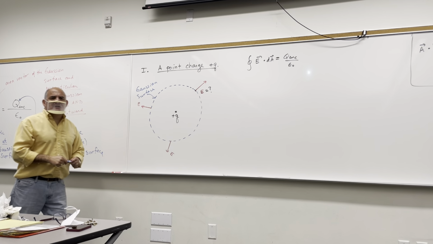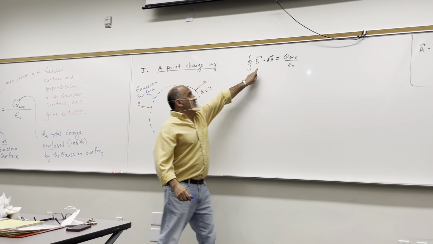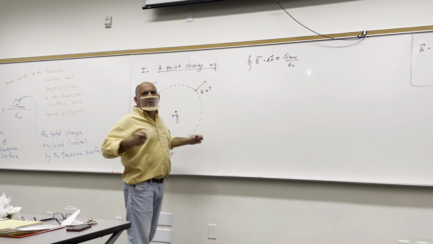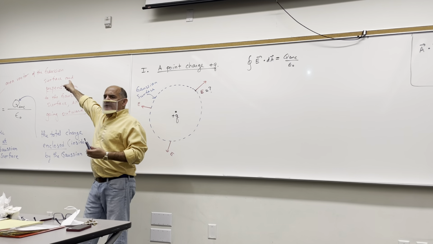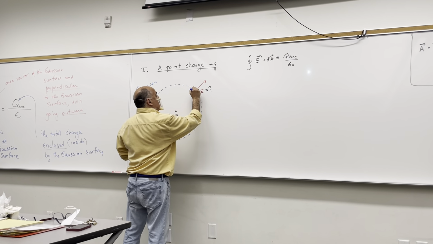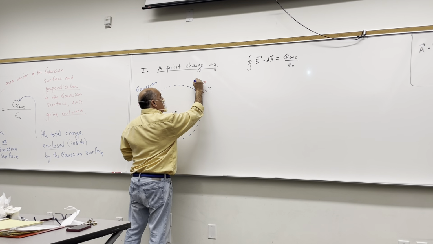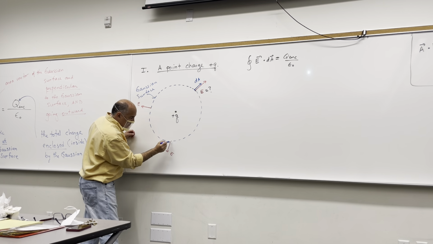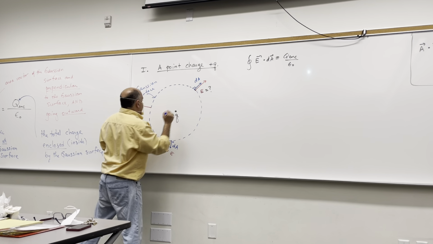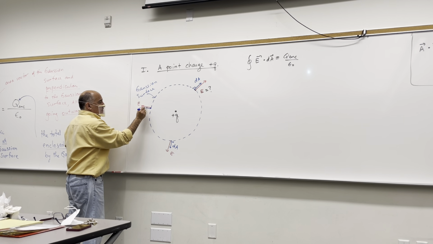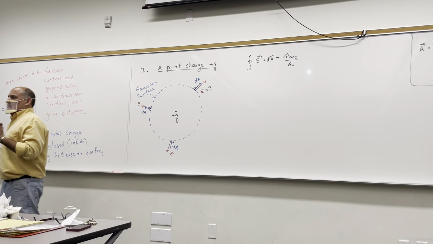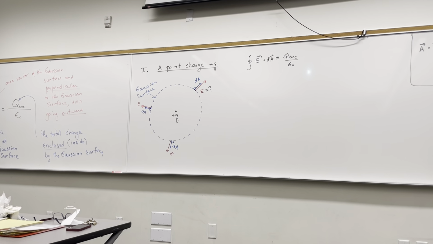Next, how about the area vector? Remember, I have to take the dot product of those electric fields with the area vectors at those locations. What do we know about the area vector? It's perpendicular to the surface going outwards. That's this way here, and over here, and at that point too.